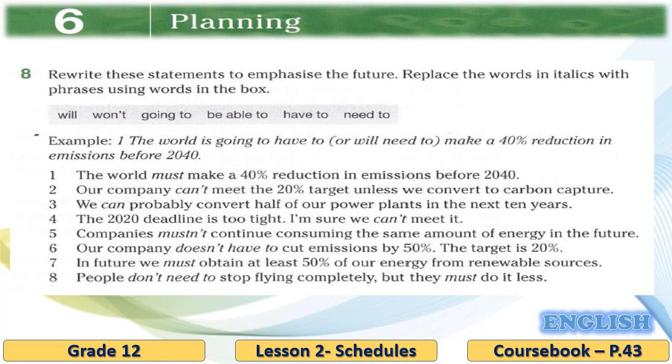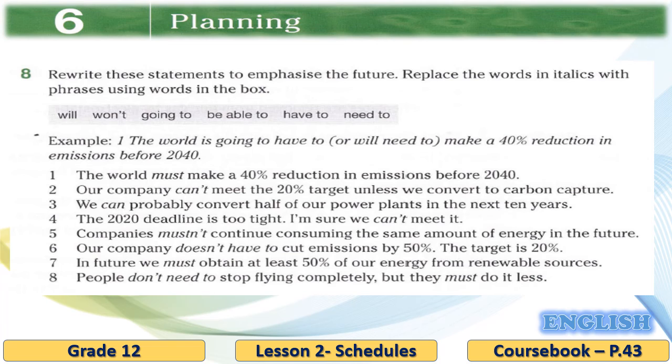Let's have a look at number 1 as an example. The world must make a 40% reduction in emissions before 2040. Now, the best way to emphasize the future in this sentence is to do it in the following way.